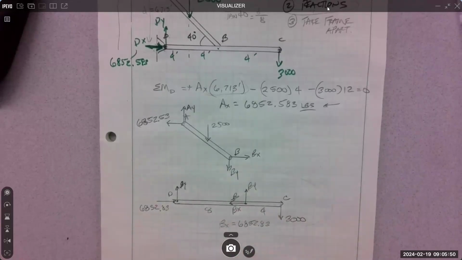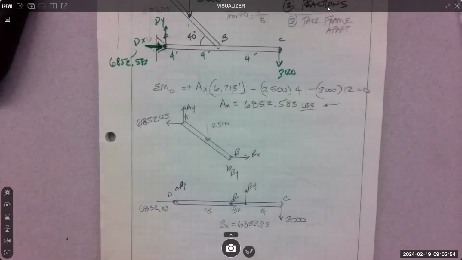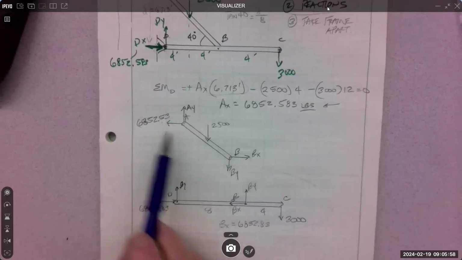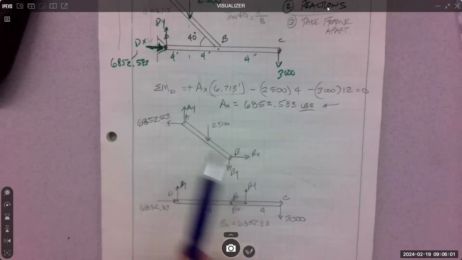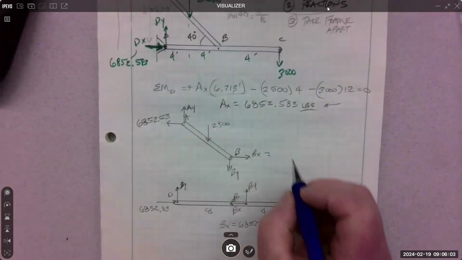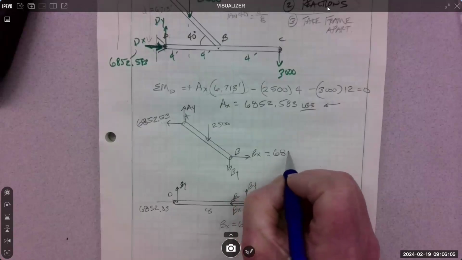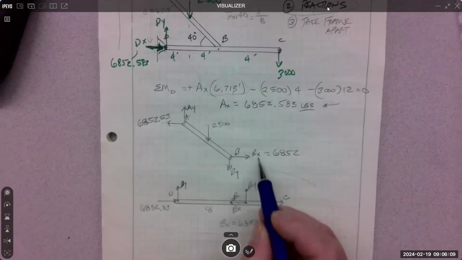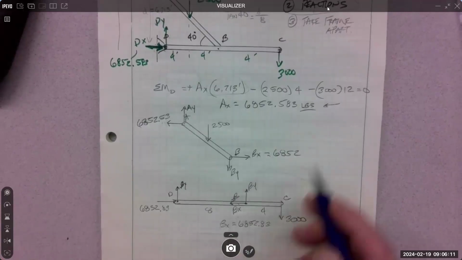Notice I'm kind of focusing in already on that horizontal member, right? This is harder to figure out, although there is only 2 X forces here, correct? Yeah, so this one also is clearly 6852, and it has to be BX and BX. They're the same. They have to be the same.